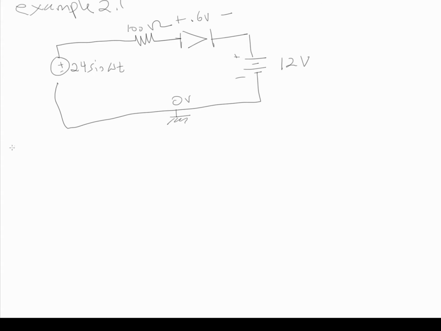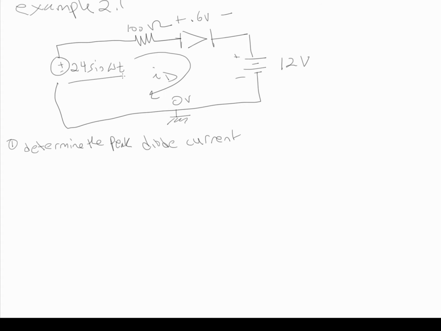You're given this thing, and then they ask you some questions. The first question is, determine the peak diode current. And so if I draw a loop, this is going to be ID, and they want to know what's the largest value of ID.